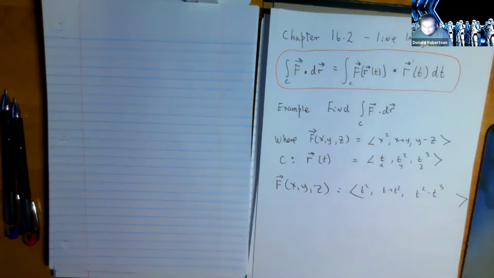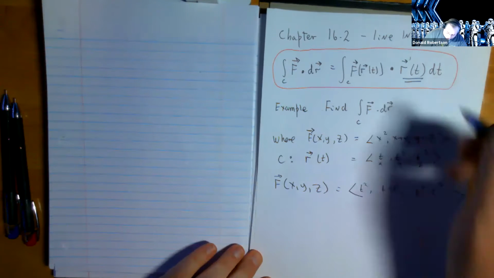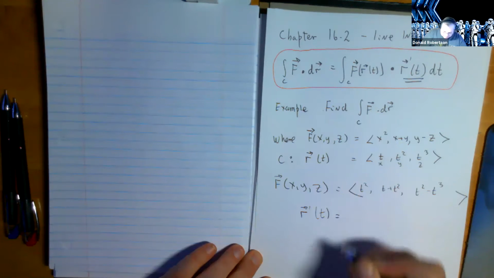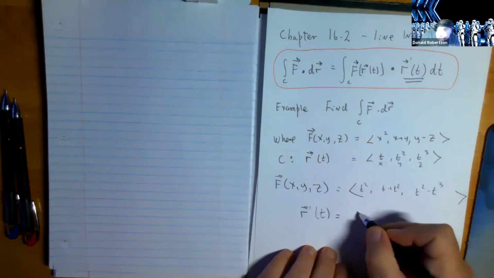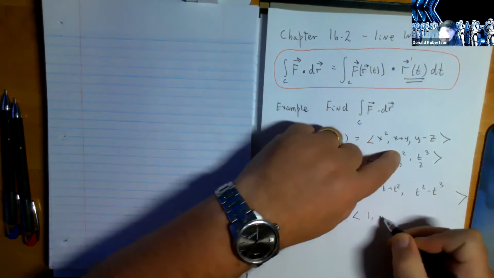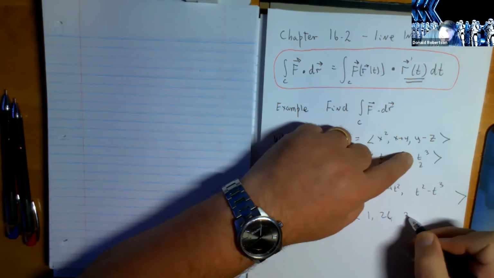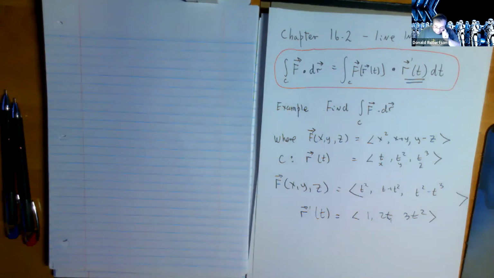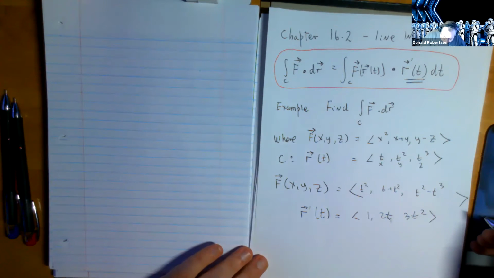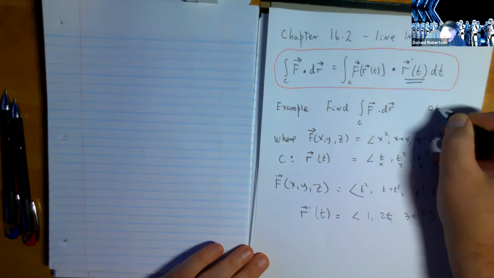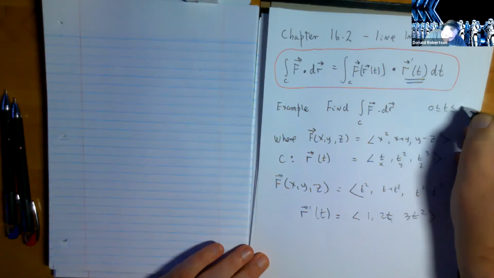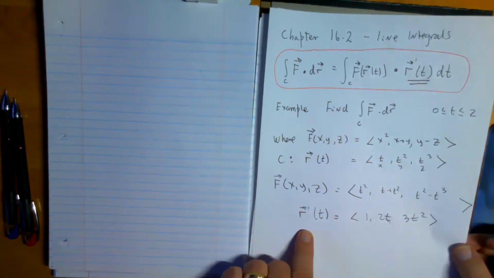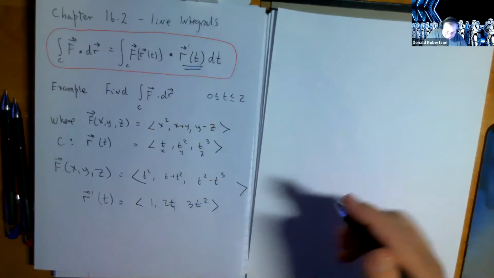Are we good? Now, we need the derivative. Well, the derivative from Calc 3 of this space curve is 1, 2t, 3t squared. Oh, and by the way, we need an interval for this, so let's do 0 to 2. So I'm ready to put the whole package together then.